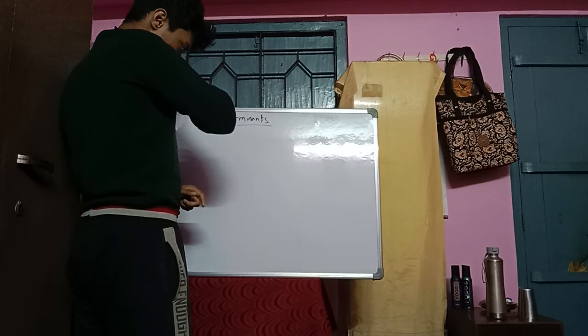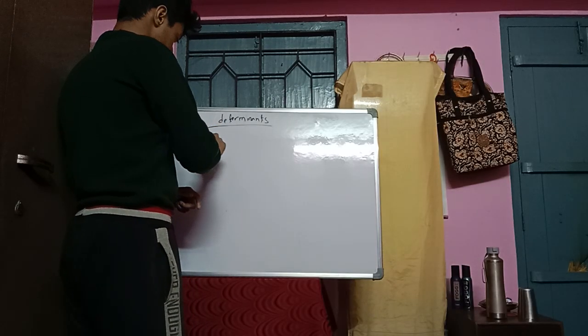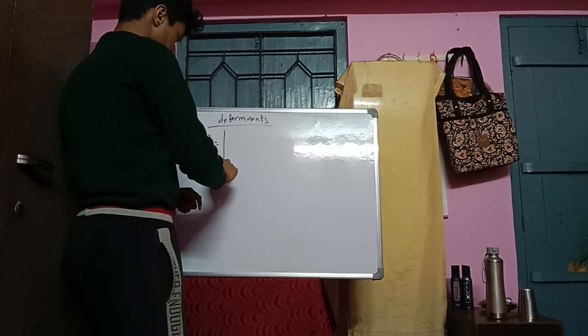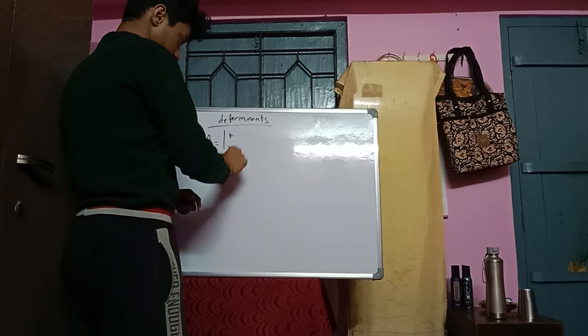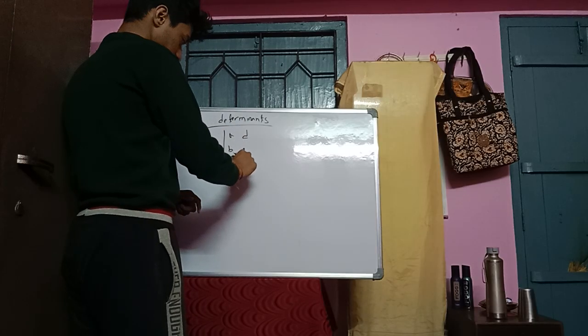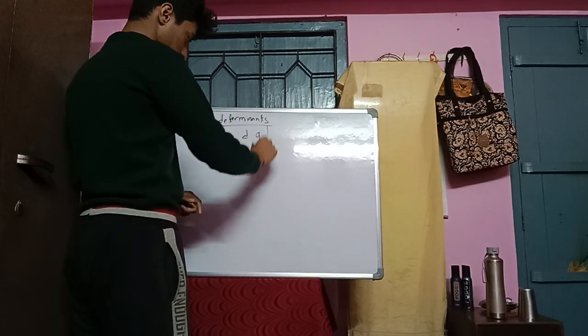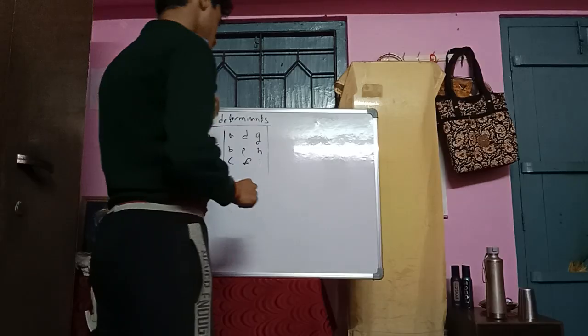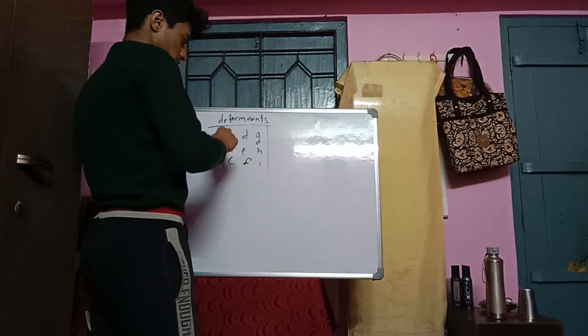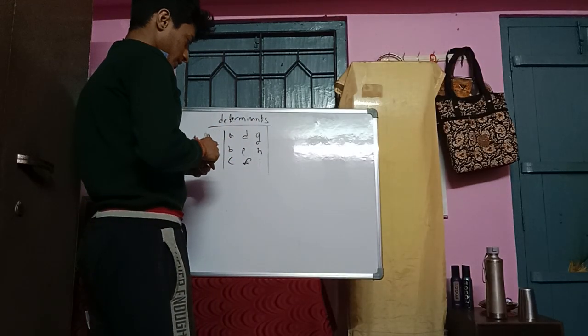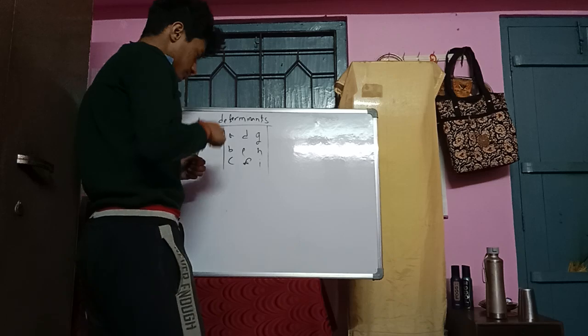Okay. Let's say I have a matrix A with the elements A, B, C, D, E, F, G, H, I. Now here, each element has its minor and cofactor.